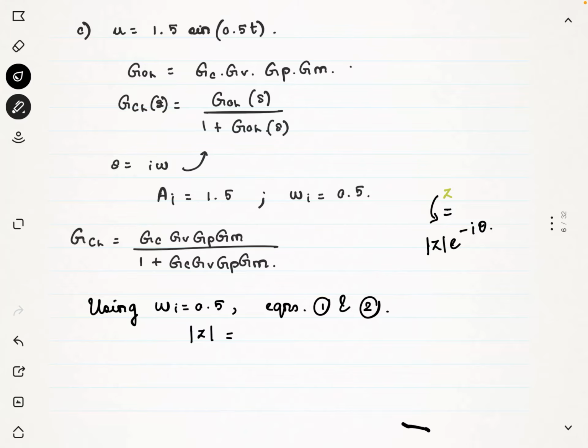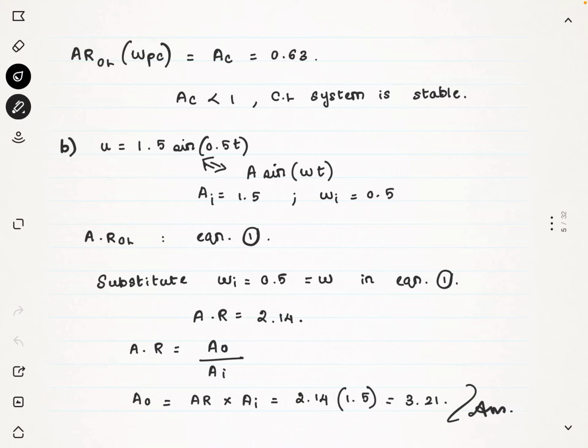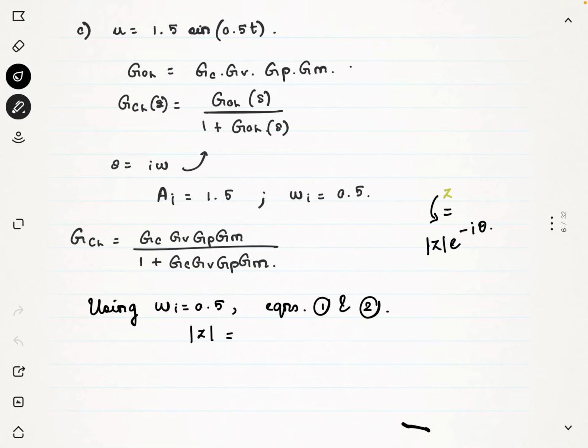We have already computed this in the previous step, which is 2.14. So 2.14, and then if we substitute omega is equal to 0.5 into the phase angle equation, we'll get theta is equal to minus 2.578. Please make sure all the units are in radians when you're doing the computations.